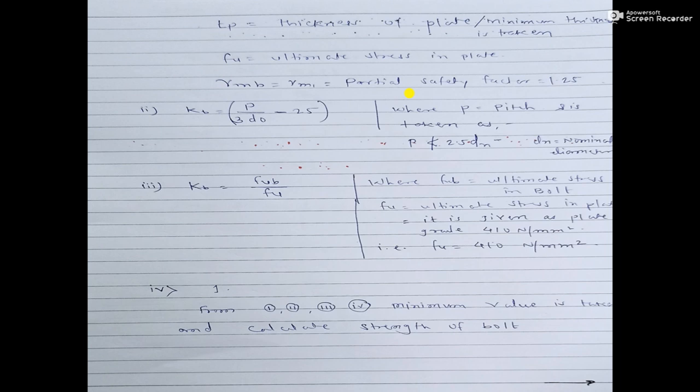The edge distance should not be less than 1.5 D0, because the edge distance is taken after the bolting, so this edge distance is taken as minimum 1.5 D0.